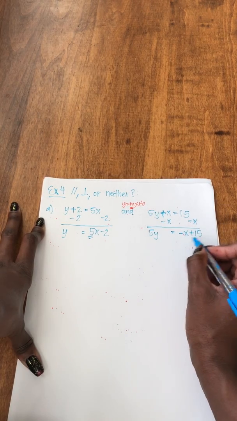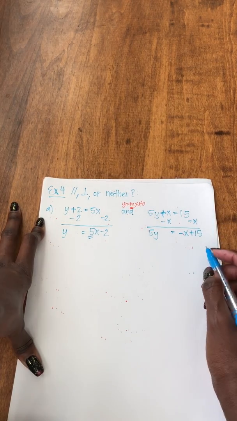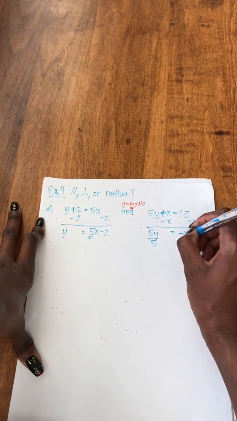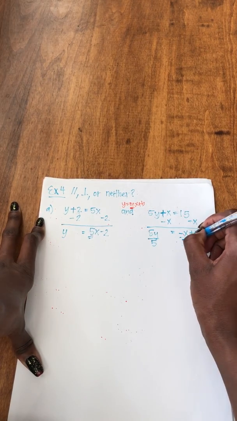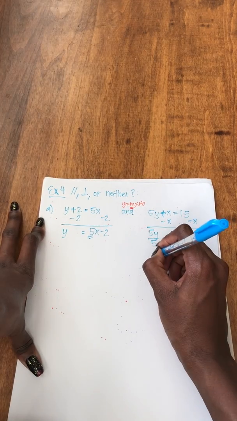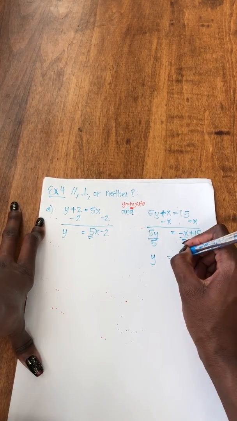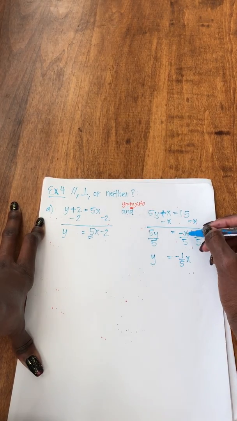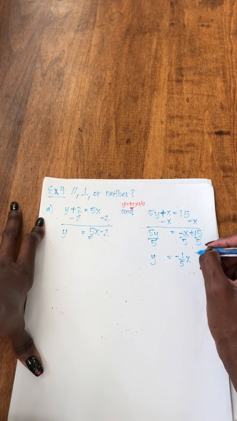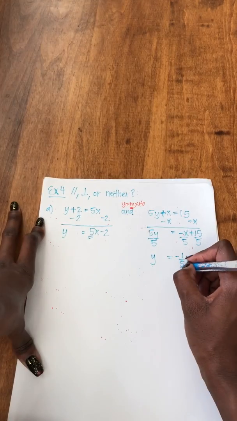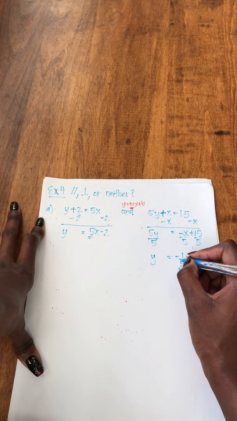You could write 15 minus x if you wanted and then just switch them. That's fine also, okay? And then to get the y by itself, we divide each part by 5. And that leaves us with y is equal to negative 1 over 5x, right? We can pull that x to the front because this is all one part, okay? And then plus 3. So now we have the slope of negative 1 over 5.